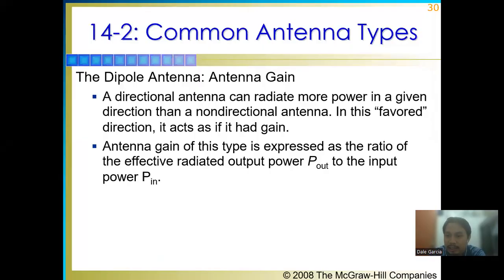And because it is a gain, quote unquote, it's measured in dB. Actually, it's measured in dBi. So try to remember that unit, dBi. It is the same as before, like when we say dBm, that is decibel with reference to a milliwatt. Here, the reference is the isotropic antenna, which the i signifies.